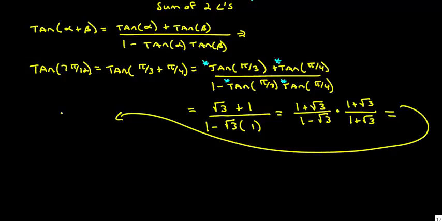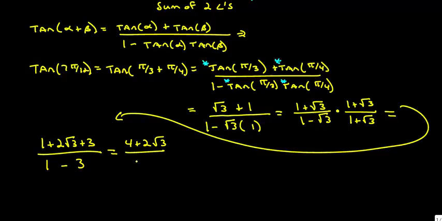So I've got 1 plus the square root of 3 times 1 plus the square root of 3, which is 1 plus 2 square roots of 3 plus 3. On the bottom, if I FOIL it out, I get 1 times 1, which is 1, then the middle terms cancel out, and I'm left with minus 3. So the numerator gives me 4 plus 2 root 3, and the denominator gives me negative 2.